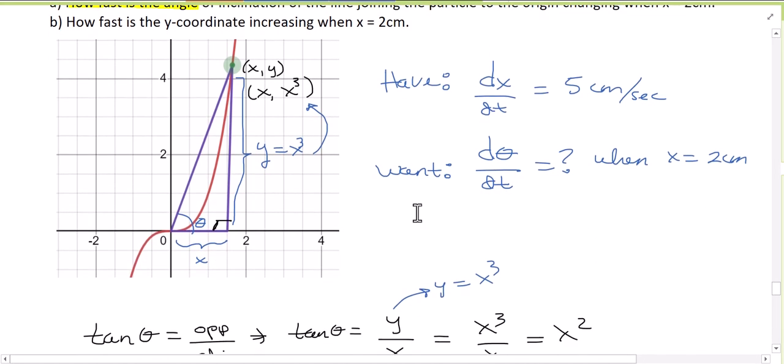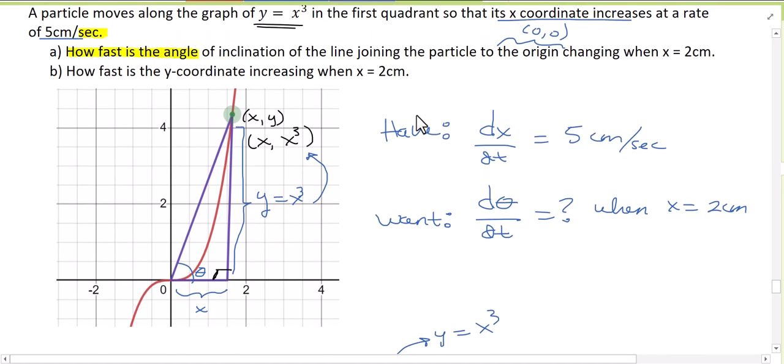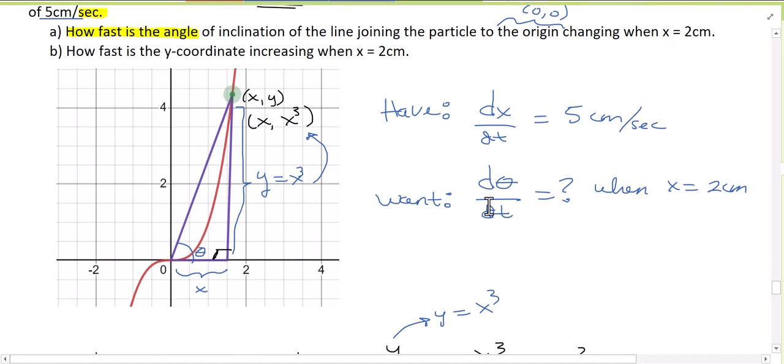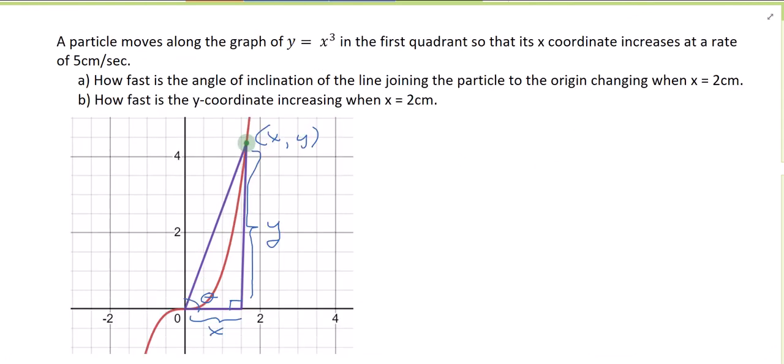So our setup is going to be pretty similar. So let's adjust our haves and wants. So we still have dx dt, but now we're going to want d theta dt. So let me copy the same picture and then let's rewrite what we have and what we want. Okay, so we still have the same dx dt, right?